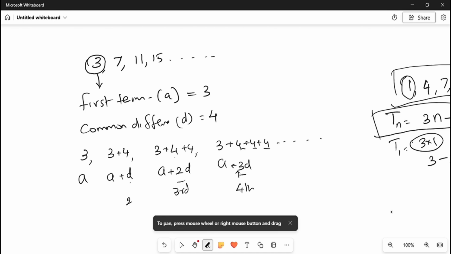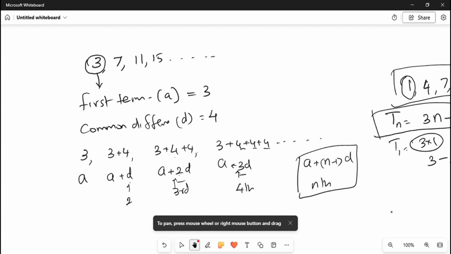Therefore the nth term in the number pattern will be A plus, here 4 minus 1, that is n minus 1, into D. So this is the general term of any arithmetic progression.